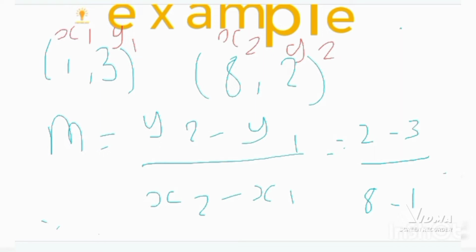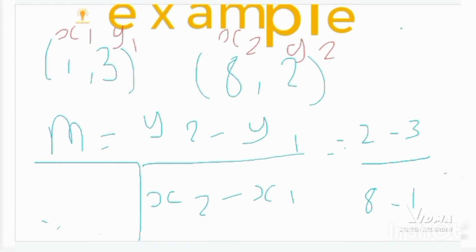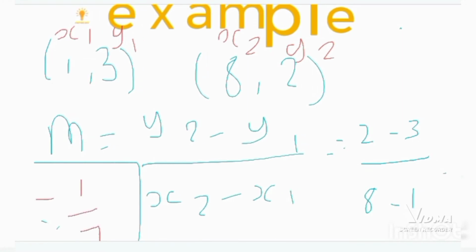And then just punch it into a calculator, and our answer is negative 1/7. And yes, your gradient can be negative. Don't get confused by that.